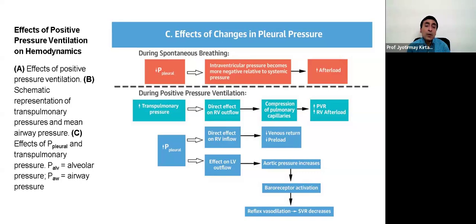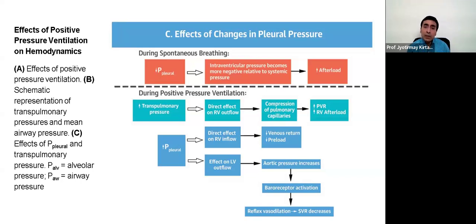And the increased transpulmonary pressure squeezes and squishes the pulmonary vessels. Why? Because the pulmonary vessels are very thin walled, unlike your systemic vessels. So with an increased transpulmonary pressure, all the thin walled pulmonary vessels will be squished and squashed, and that is going to directly increase the right ventricular afterload.